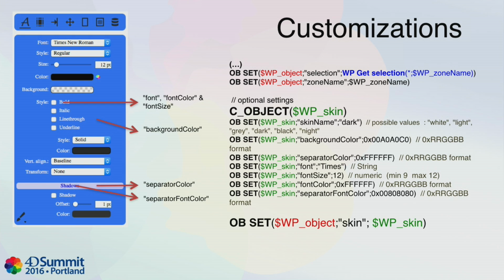Then you put this object skin into the main object. Okay? And after that you do exactly the same. You reassign this object into the subform, which is actually the UI panels.